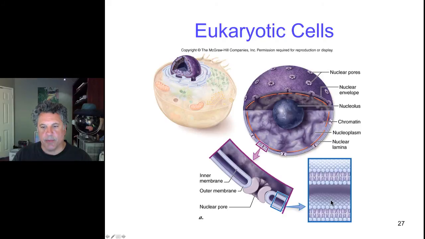Of course, that is a double phospholipid bilayer. The nuclear lamina contains the protein lamin that I mentioned before, that's instrumental in providing structure to the nucleus and is instrumental in breaking down the nuclear envelope when the chromosomes need to be segregated in mitosis, when the cell divides.